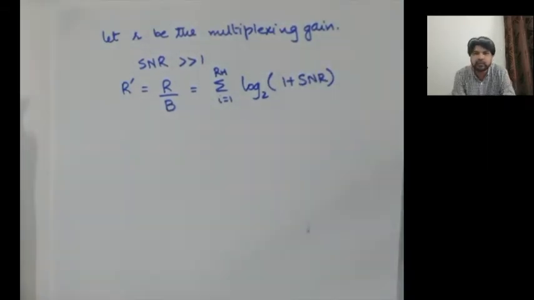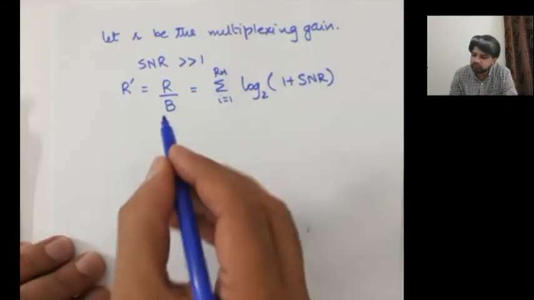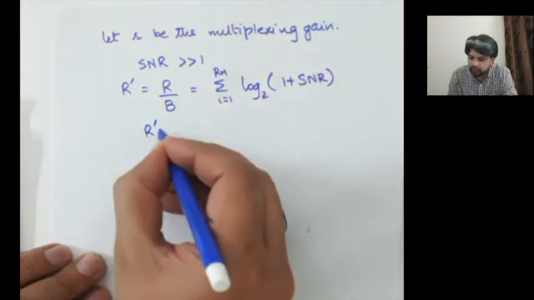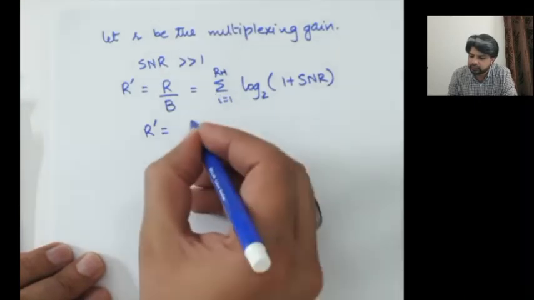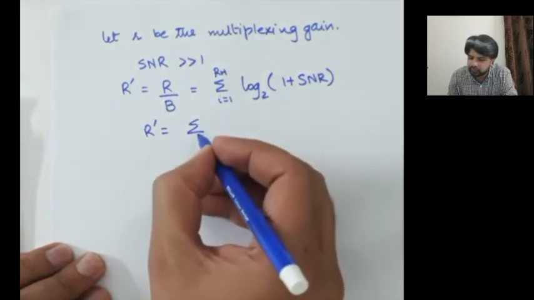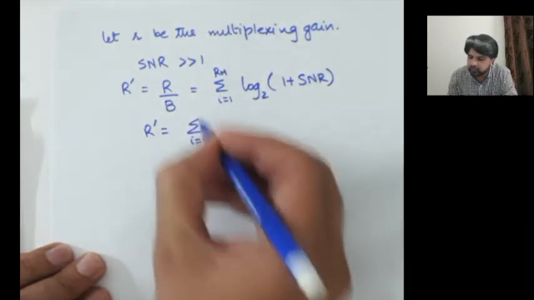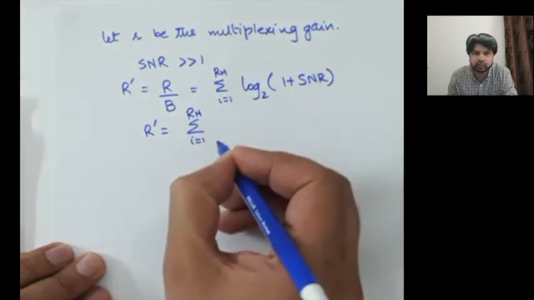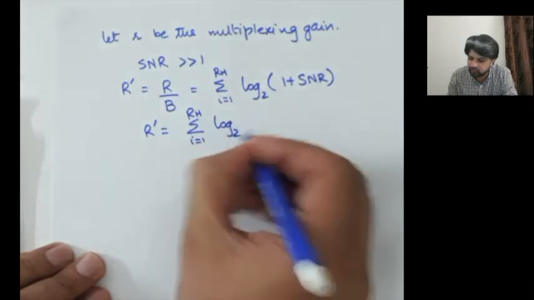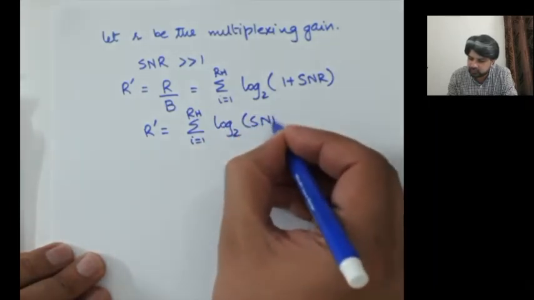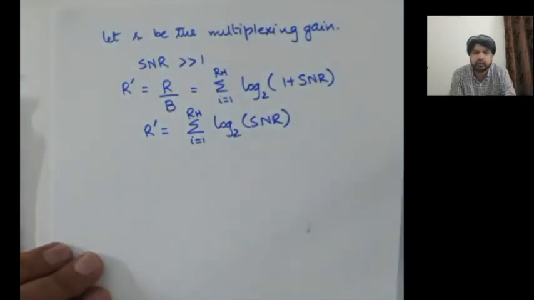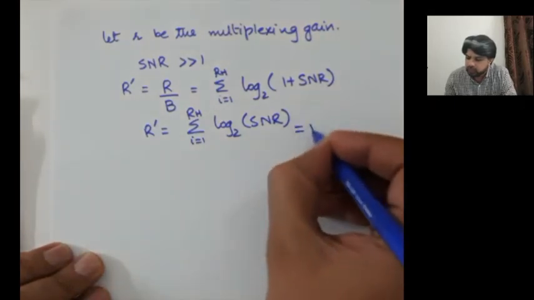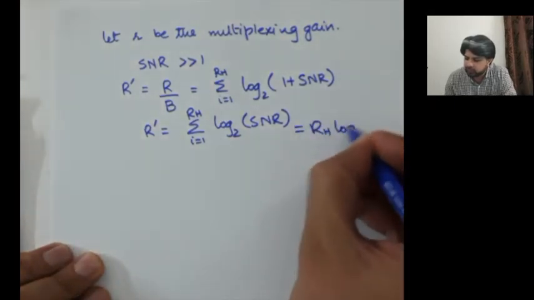So in the high SNR regime, this R prime, which is the bits per second per hertz that you can transmit in the channel, would be the summation from i equals 1 to RH of log base 2 of the signal to noise ratio. Right? And this would equal RH times log base 2 of SNR.